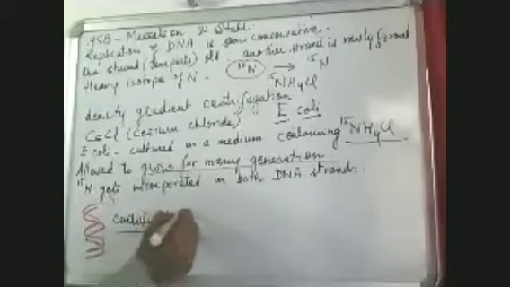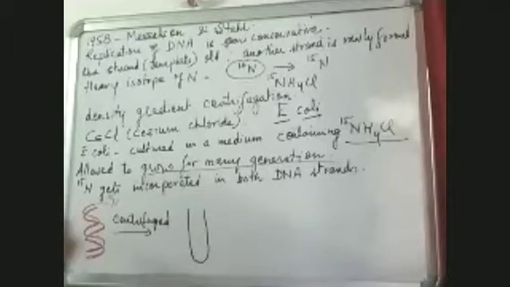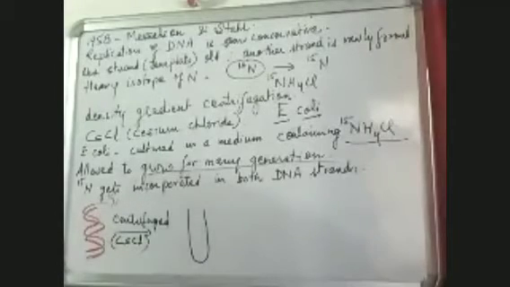in the centrifuge tube, this heavy isotope of nitrogen, which is present now in both the strands, which place did it take? When it was centrifuged with cesium chloride, and what was used with this cesium chloride? CsCl. When it was centrifuged using cesium chloride solution, this N15 got settled somewhere here.